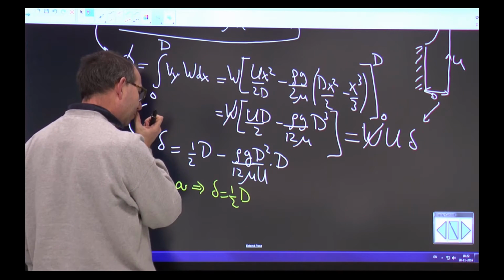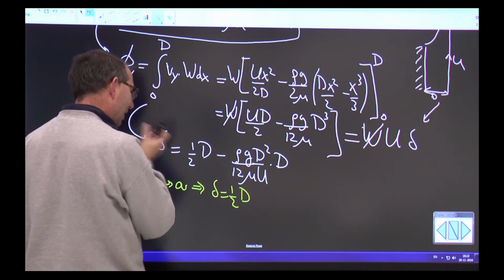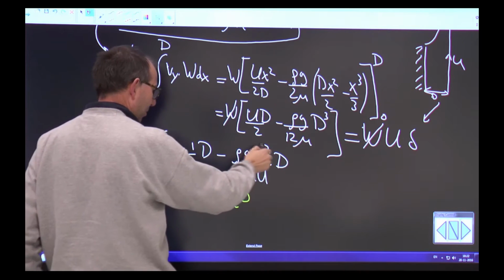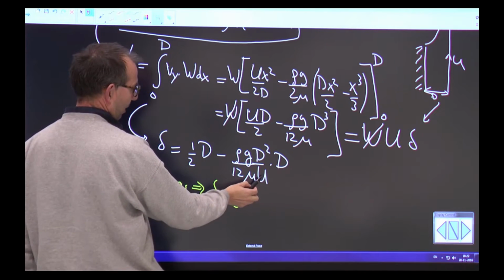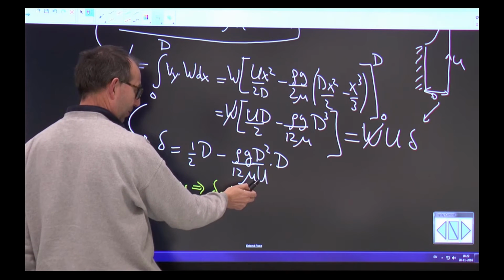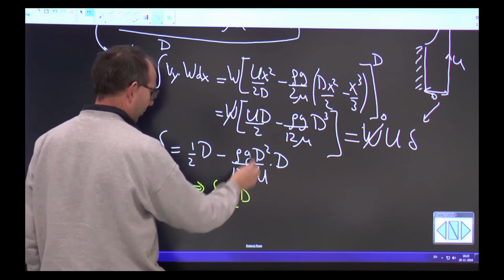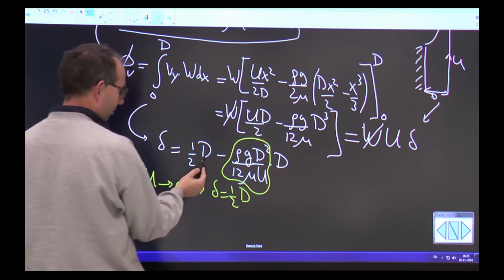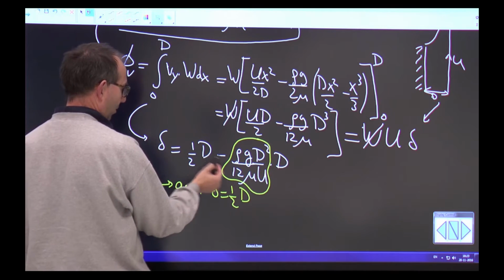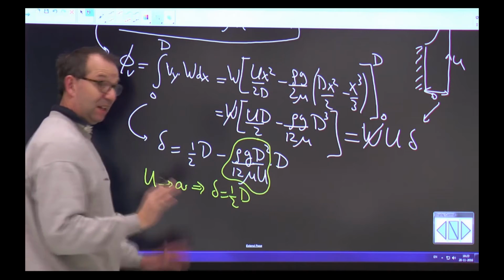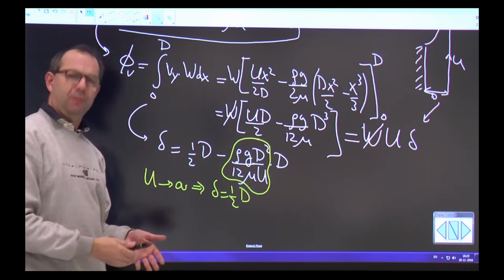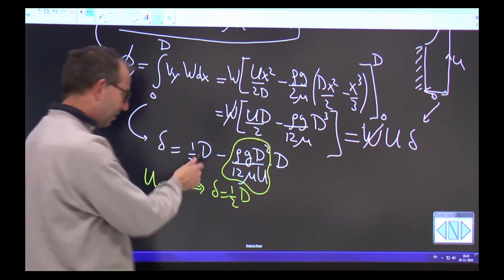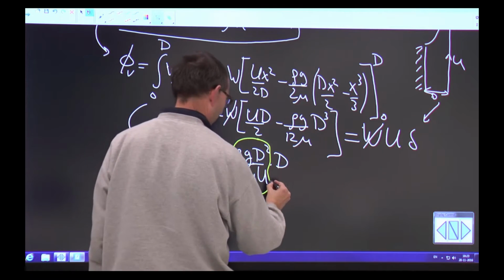On the other hand, this can be made arbitrarily big. If I make u smaller and smaller and smaller, I blow up this prefactor. And thus, ultimately, that's going to be larger than a half, and thus delta is going to be negative. No, that can't happen. But it says there's a critical velocity.